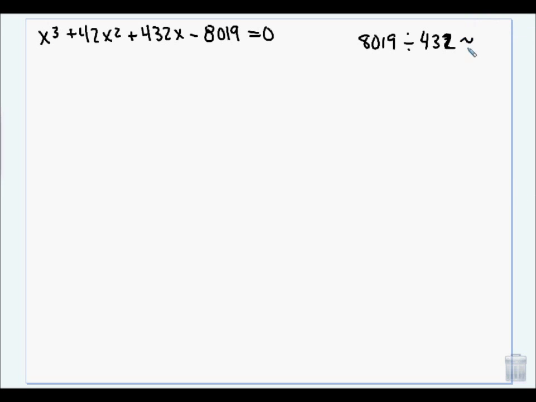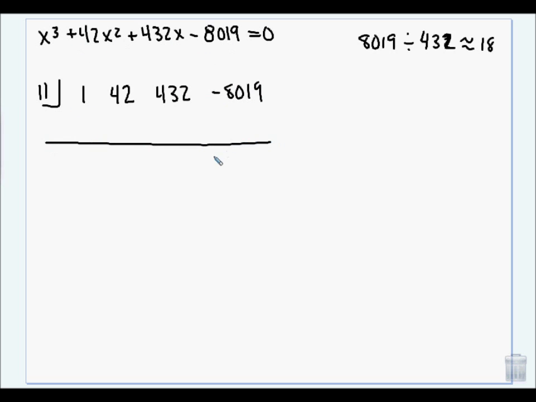Okay, so this is about 18, so I'm going to try 11 and just see what happens. So I've got 1, 42, 432, and then negative 8,019. 3, 2, 1, none. Okay. Just double checking to make sure I have all my variables.